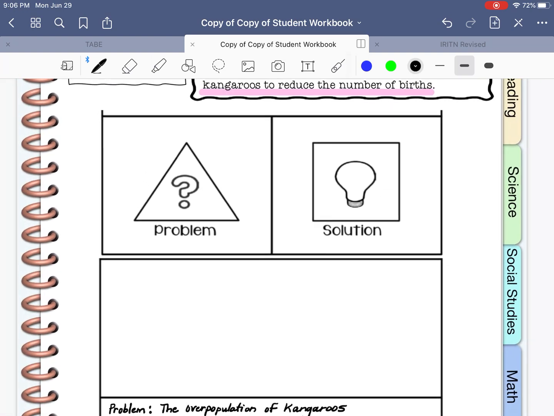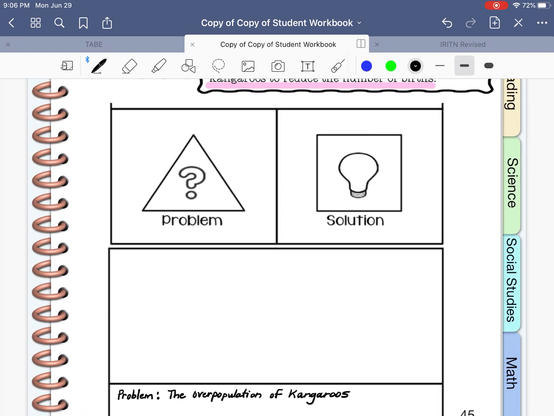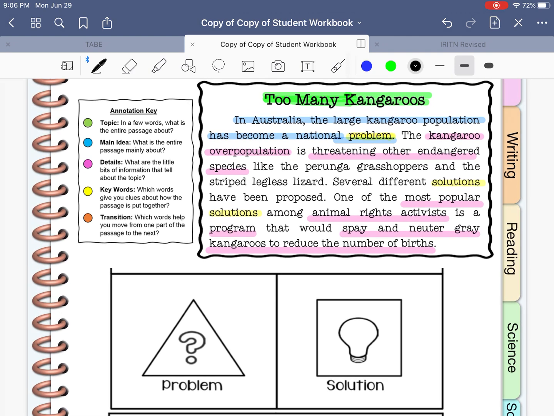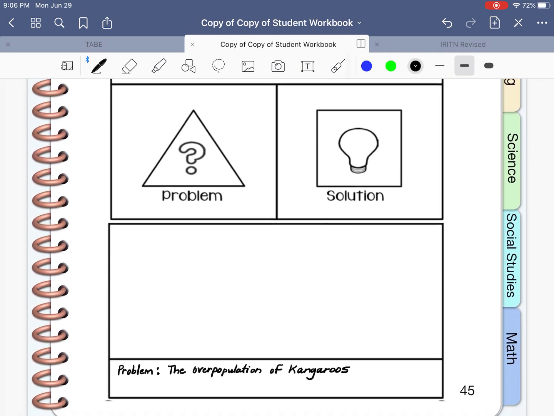We need to explain that. Why is it a problem that we have too many kangaroos? So if you lift up the door for the problem, let's put this in our own words.